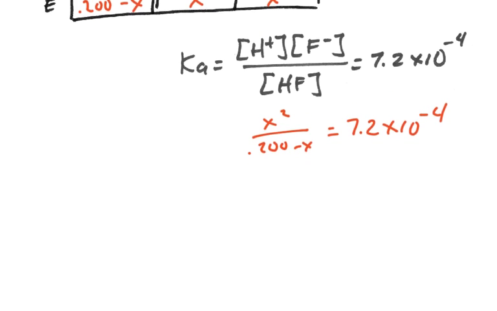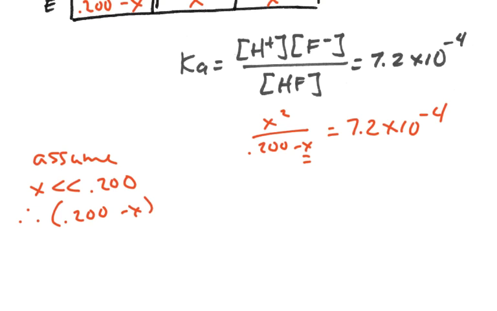But as we've been working through this, we realize that that X here is pretty small compared to our value of 0.2. So if we were being very official, we would say assume that X is much smaller than 0.200. So therefore 0.200 minus X is really about the same as 0.200.